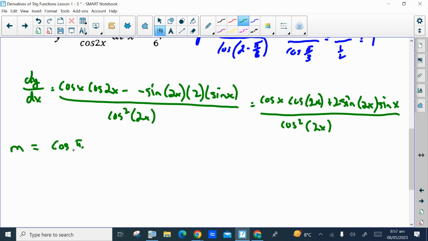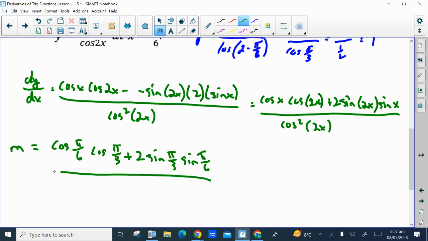So it'll be the cosine of pi on 6 times the cosine of 2 times pi on 6, which is pi on 3, plus twice the sine of pi on 3 times the sine of pi on 6, all divided by the cosine of pi on 3, all squared.